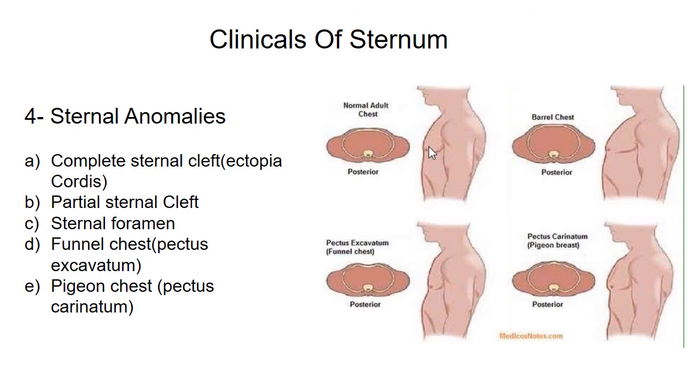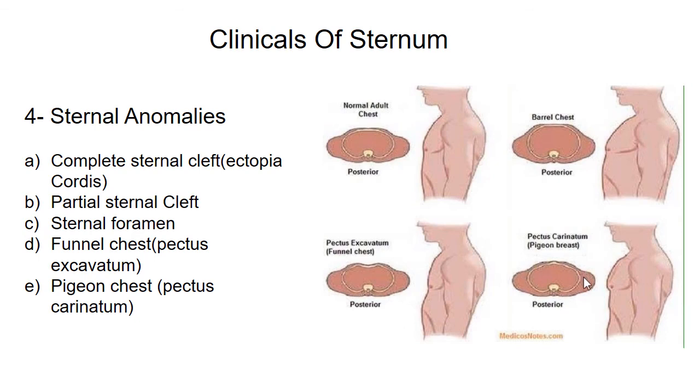You can see here the sternum is flushed against the chest wall here, but in the pigeon chest the sternum is pushed outwards. In such cases, there is flattening of the chest wall on either side of the midline like this.